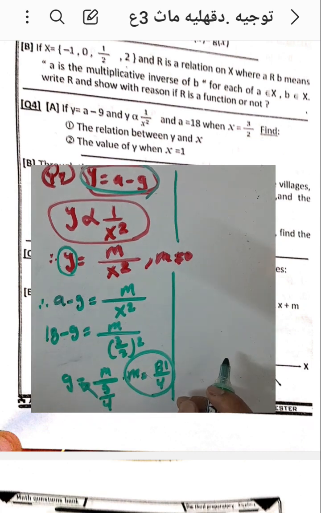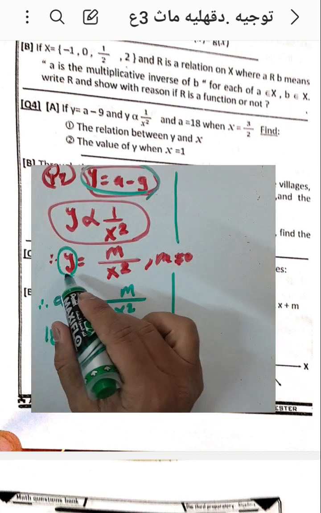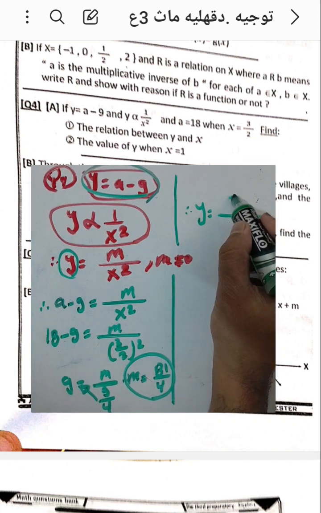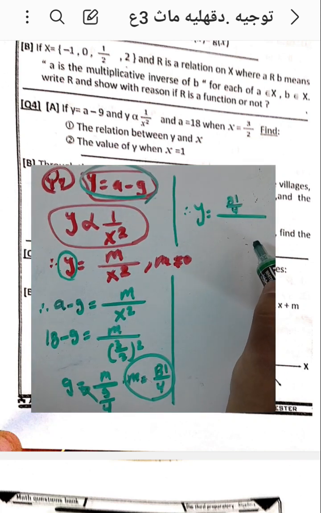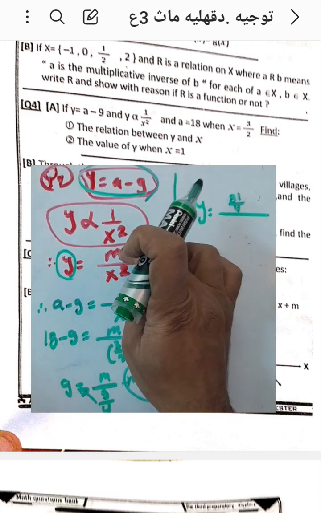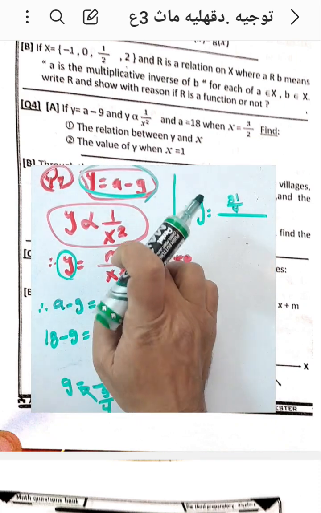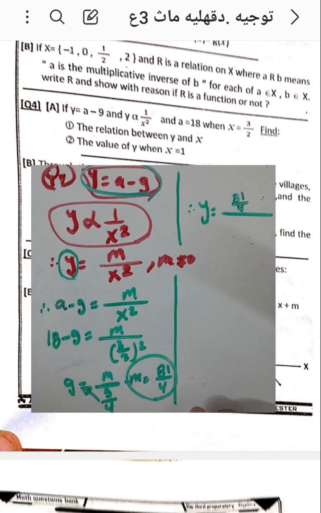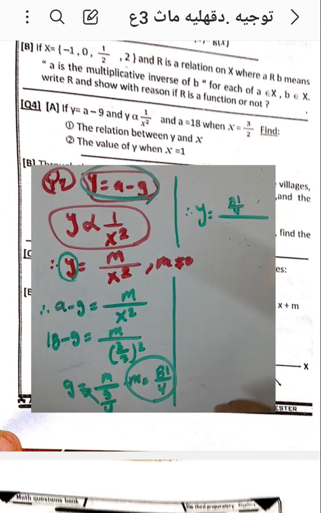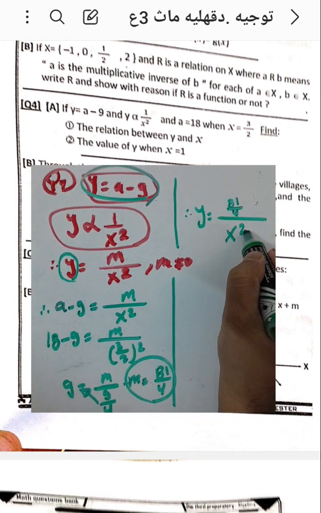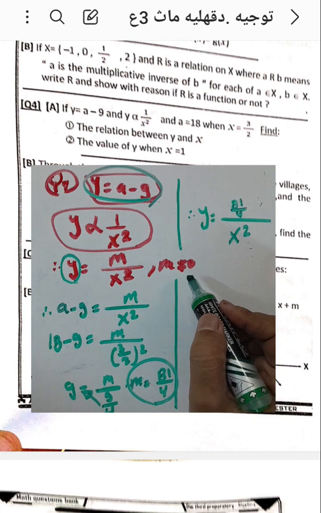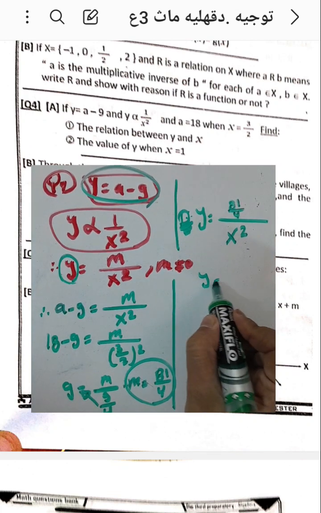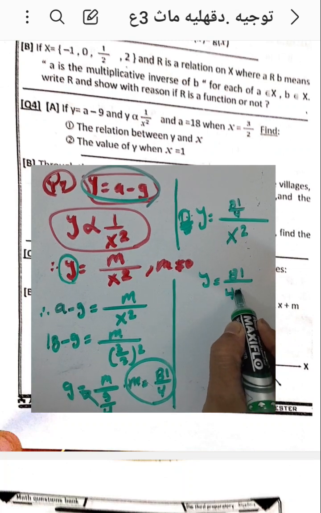Understood? Then the relation: y equals, put m equals 81 over 4 in this relation between x and y, over x power 2. This is the relation between y and x. Y will be 81 over 4x power 2.